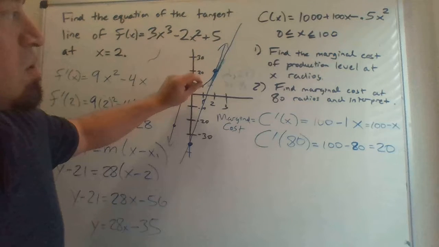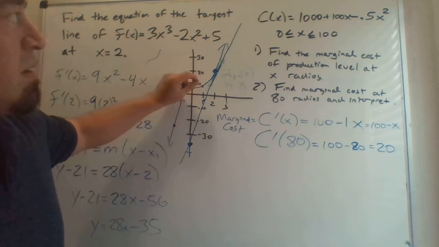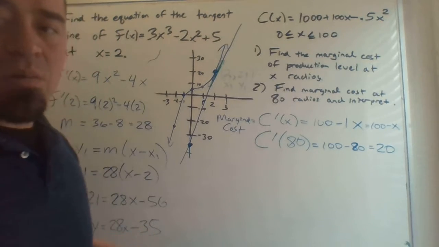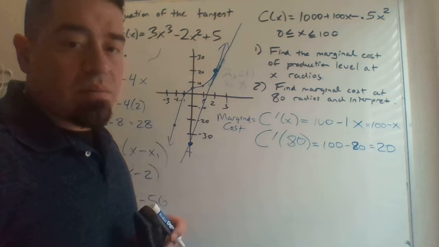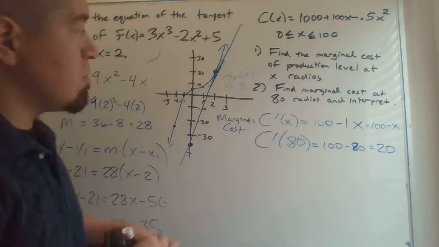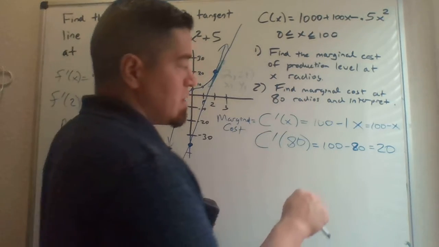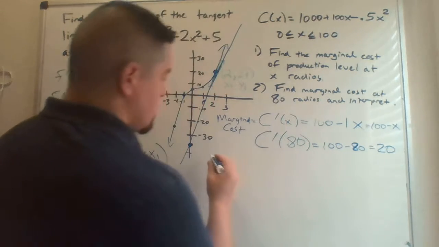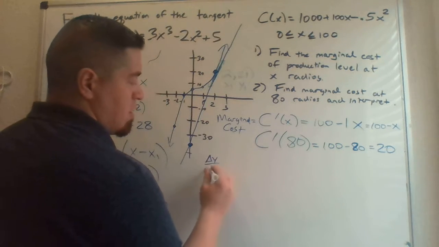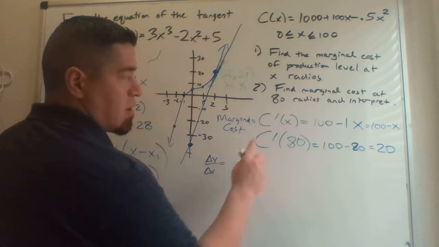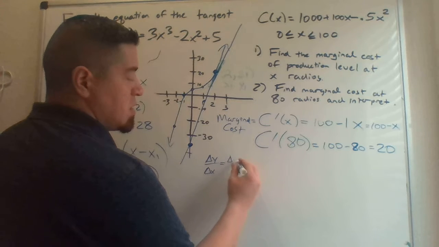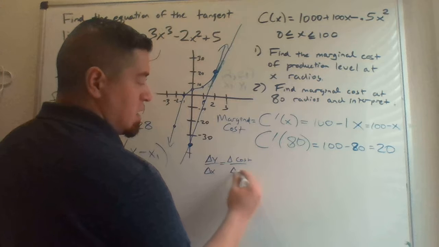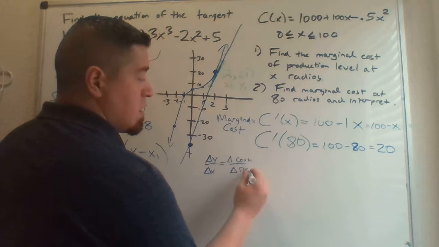Okay, so if we were to interpret this result, what we want to think about is what this means. So cost is in dollars, and so it's going to be a rate of change in dollars. Remember I told you rate of change is your change of y over your change of x. In this case, our y is change of cost, and our x is change of radios.